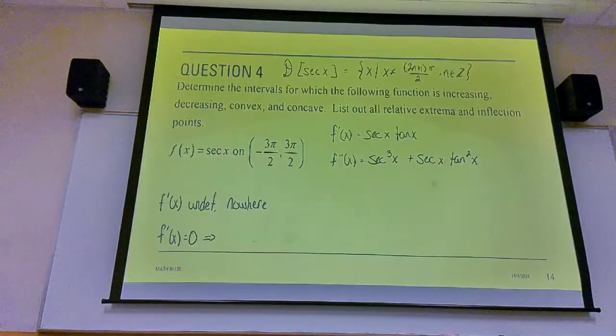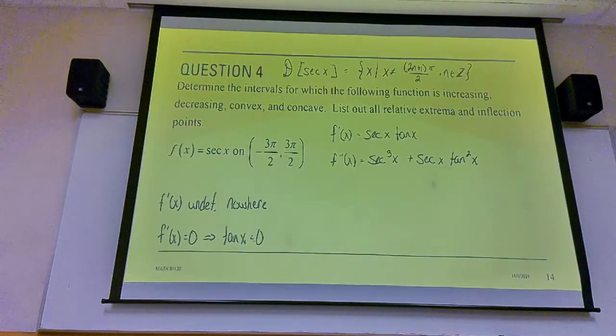F prime is 0. Can secant ever be 0? No. Can tangent ever be 0? Tangent can be 0, which means you have to worry about tangent of x being 0.